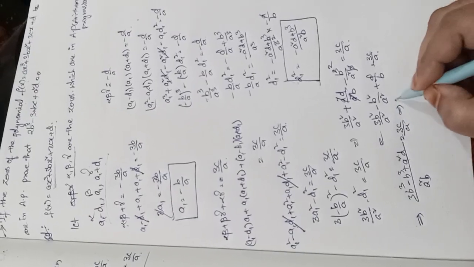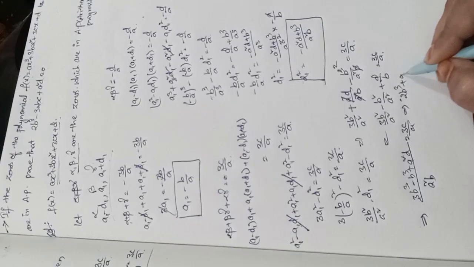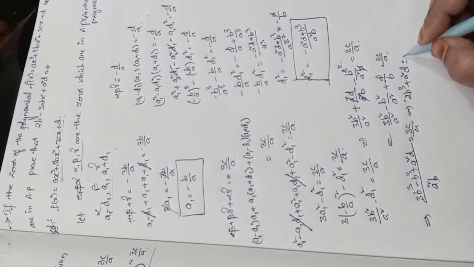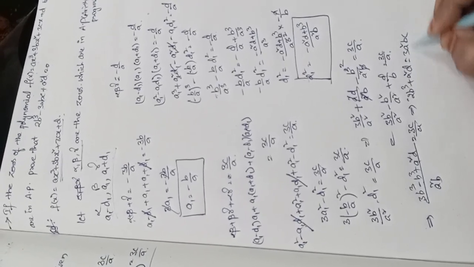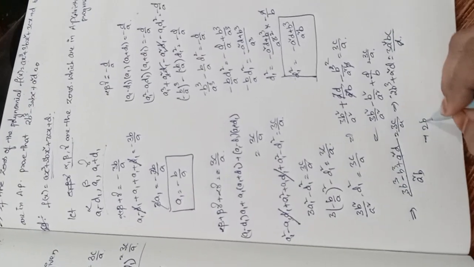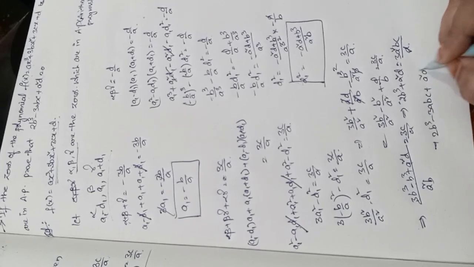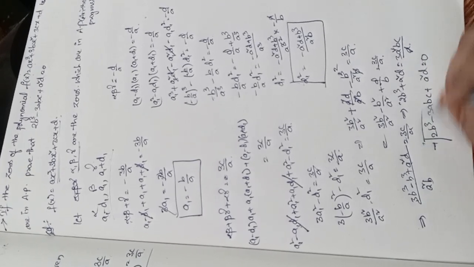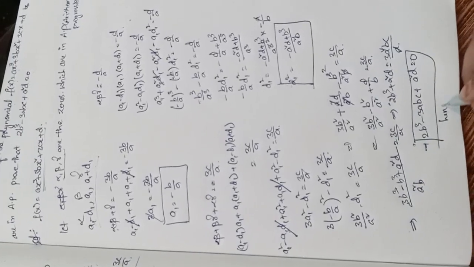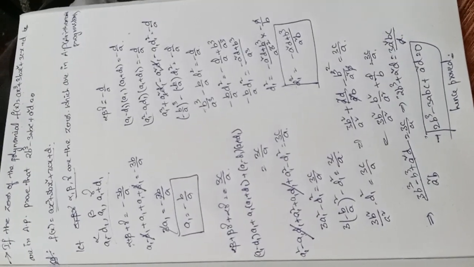Which implies 3b cube minus b cube is 2b cube, plus a square d equals 3a square bc by a. a in a square, a times, which implies 2b cube minus 3abc plus a square d equals 0. Right? Hence proved. Understood? If you have any doubts, specify that in the comment section.